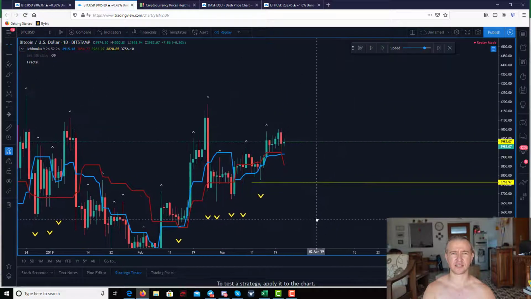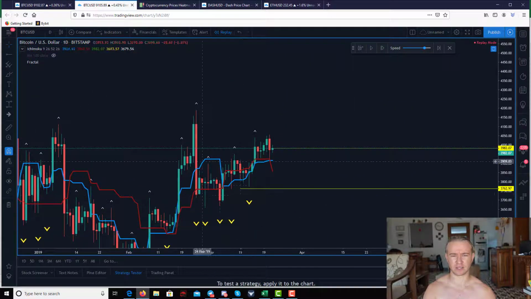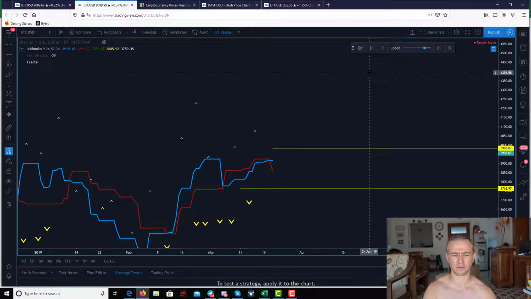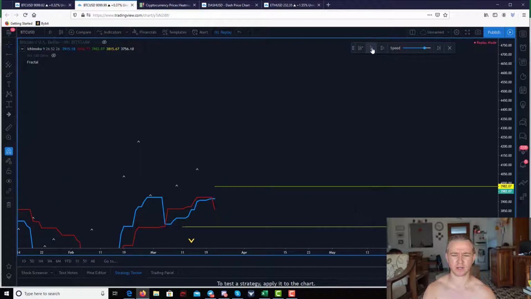And I'm even going to take off the price action, the candlestick, so we can just really zero in and see when the TK crosses bearish above the cloud. Okay, so this is going forward in time, this is the price action, and this is just the Tenkan-sen and the Kijun.